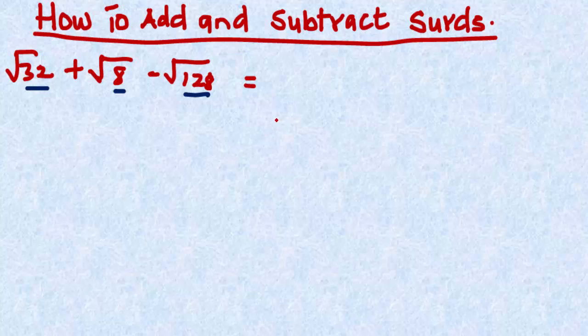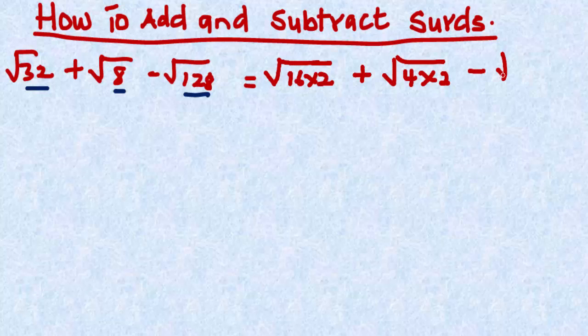So reducing this, for 32 we have 16 multiplied by 2, plus for 8 we have 4 multiplied by 2, minus root of 128, we have 64 multiplied by 2. Are you okay?